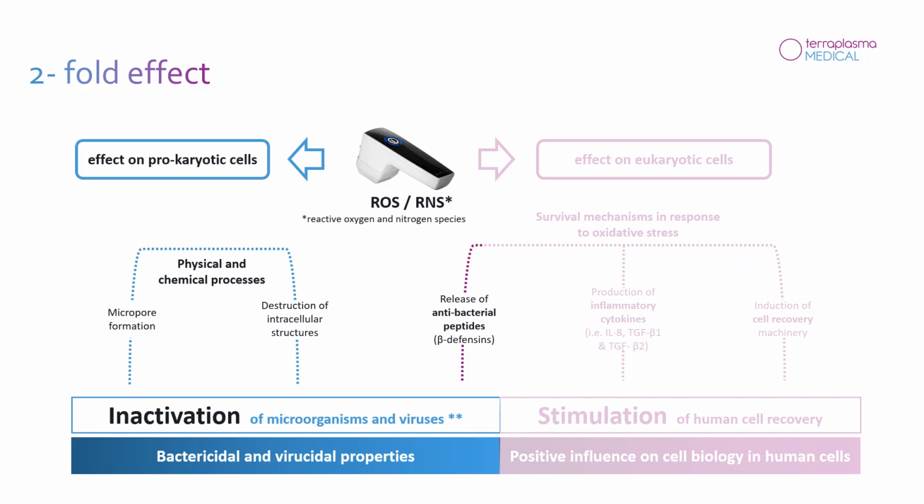Reactive oxygen and nitrogen species, ROS and RONS, destroy intracellular structures and form micropores in the cell membrane. This inactivates microorganisms and viruses and gives CAP its bactericidal and virucidal properties.